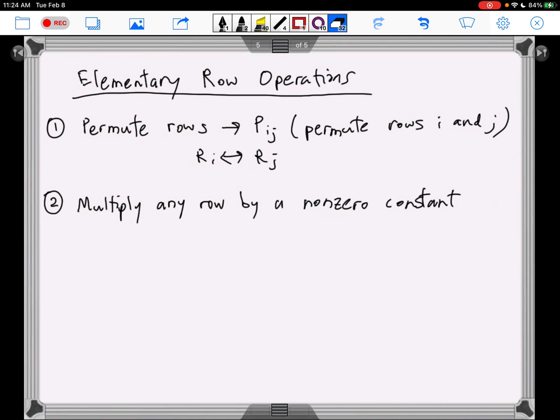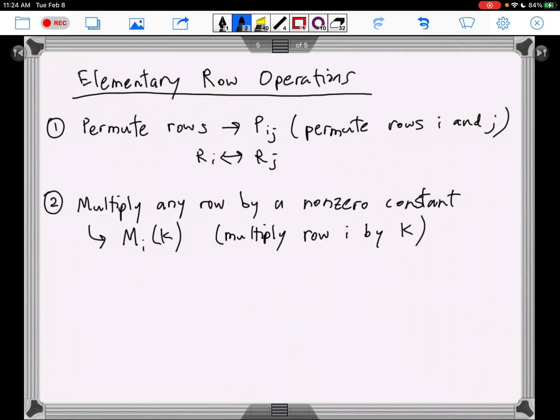The way that we would write this out is with a capital M. So a capital M sub i of k means to multiply row i by k.